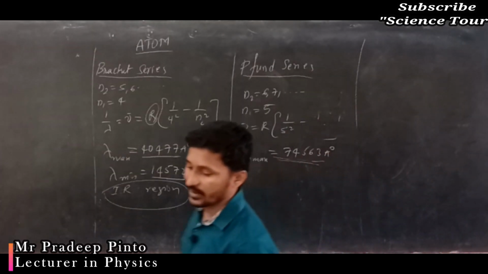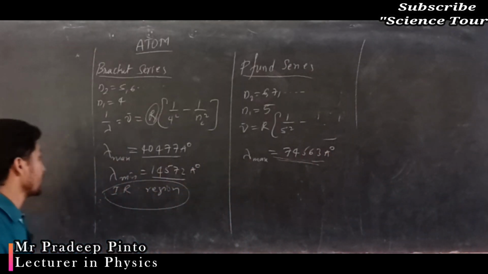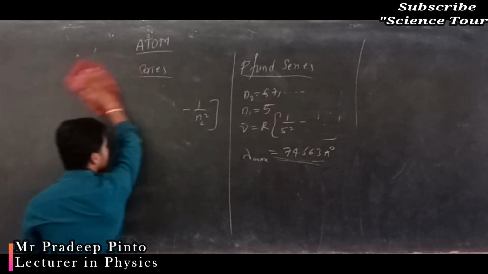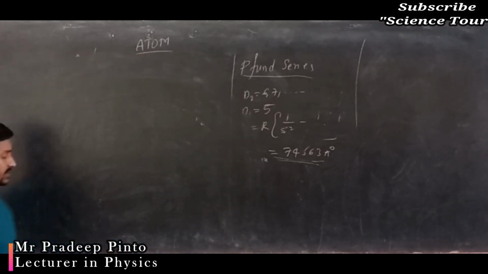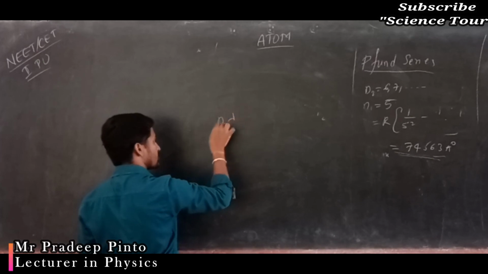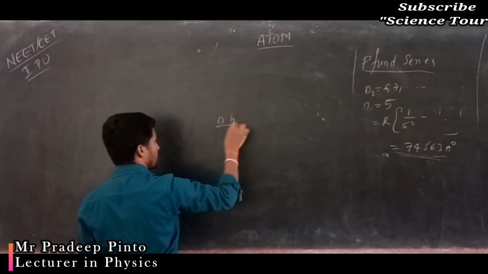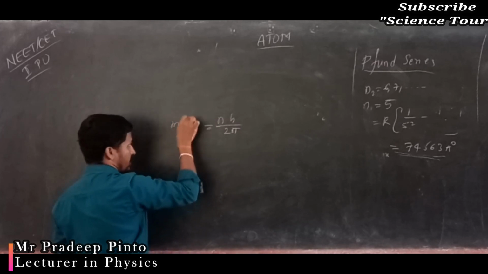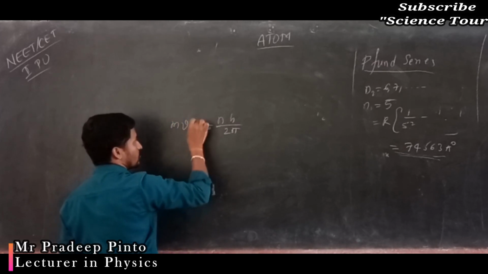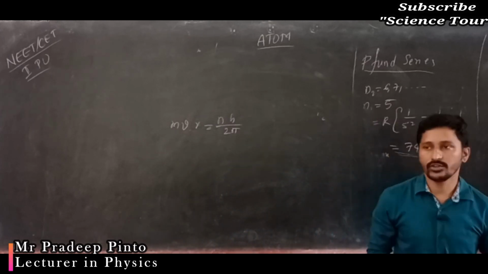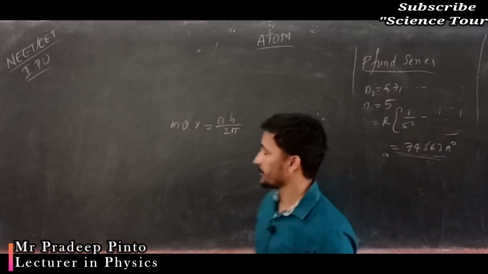This was what we studied in the case of the atom, and at the last, de Broglie gave one explanation. The important thing given by Niels Bohr is the quantization of angular momentum, that is nothing but mvr equal to n times h by 2 pi.